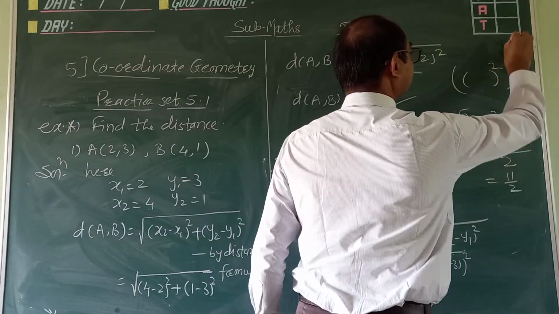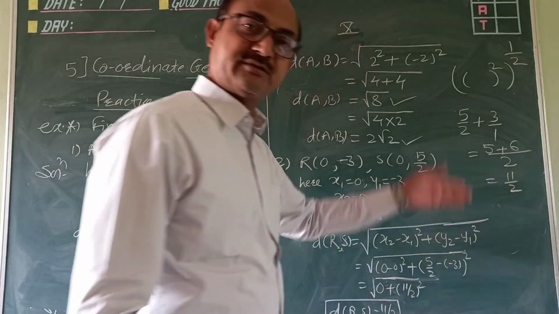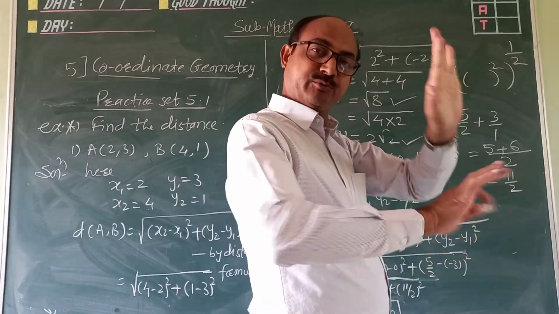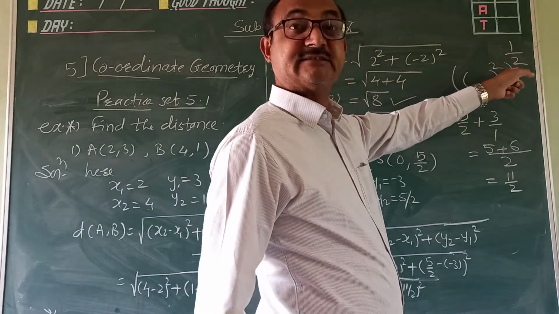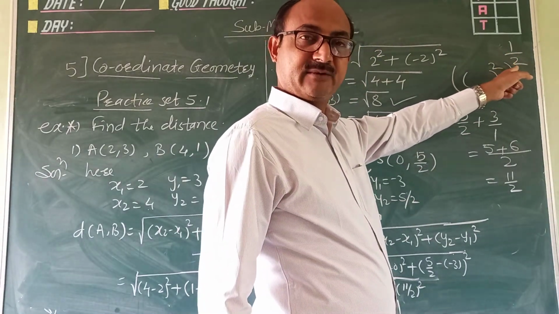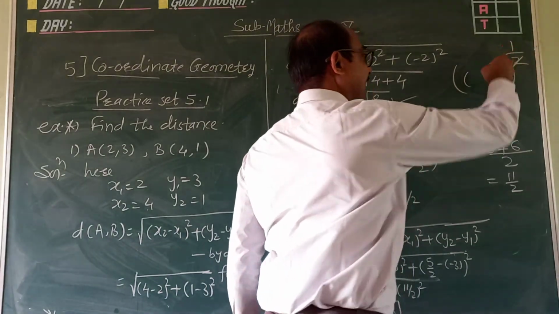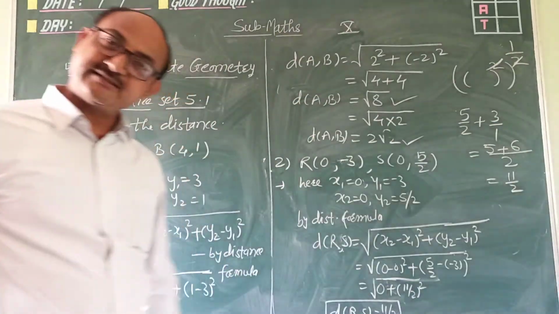If you remove the root, that power becomes 1 upon 2. You have studied this in the 6th standard. If 2 comes in the denominator, this is the root and this is the power. This 2 cancels, meaning the root and the square are removed.